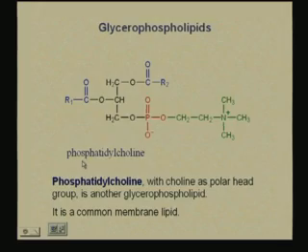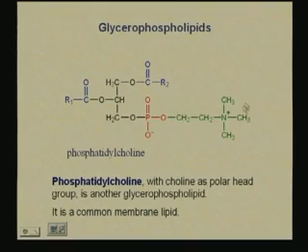I can also have phosphatidyl ethanolamine. I can have phosphatidyl serine. Each of these, the difference you understand is going to be just in the X group in this case. So, we can have identical R1s and R2s for phosphatidylcholine, phosphatidylserine, phosphatidylethanolamine and so on and so forth.